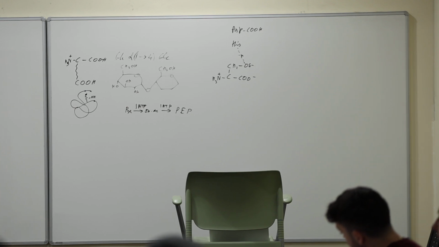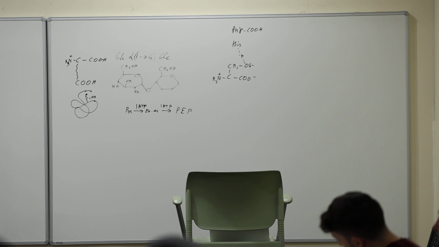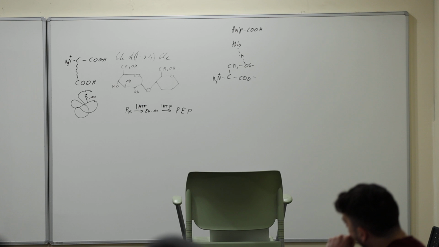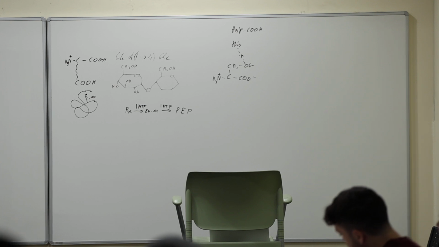And the other 2 are in the equilibrium step, 1,3-bisphosphoglycerate to 3-phosphoglycerate. So these are the 6 ATPs because you need to multiply everything by 2. And so there are 3, this one and the bisphosphoglycerate, which is an equilibrium step, and multiply that by 2, that makes it 6.